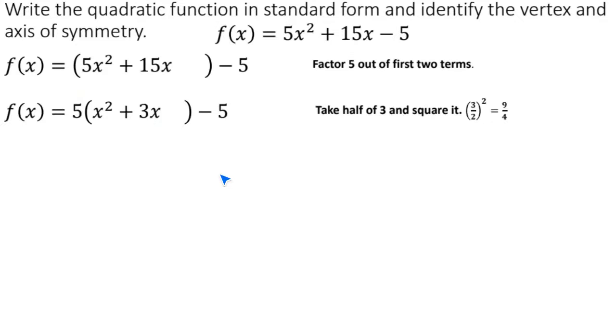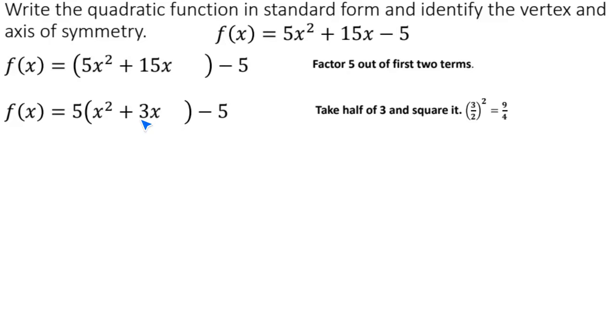Okay, so now I need to find my b. So my b is going to be 3. And I need to take half of 3. So before we had some pretty nice even numbers, right? So half of 4 was 2, half of 2 was 1, but now we have a 3. So half of 3 is 1.5, right?